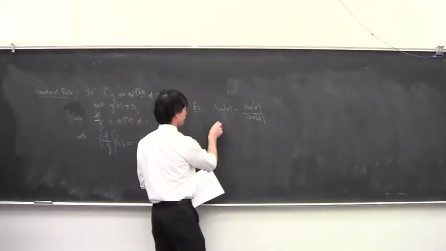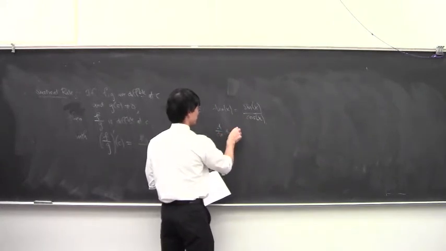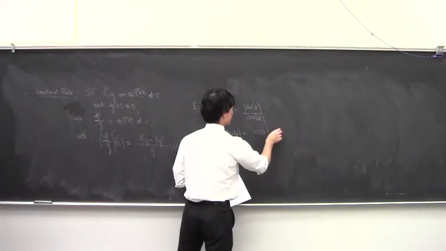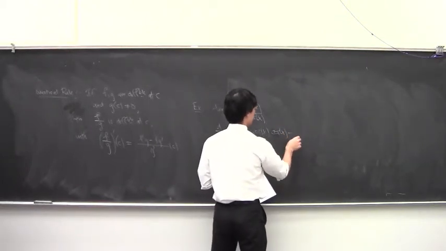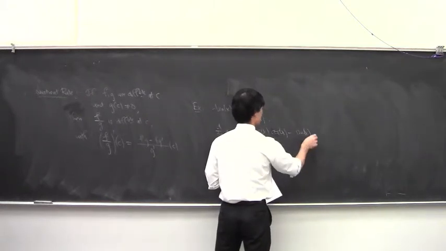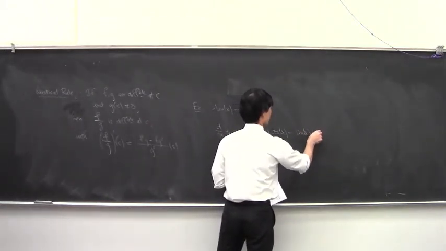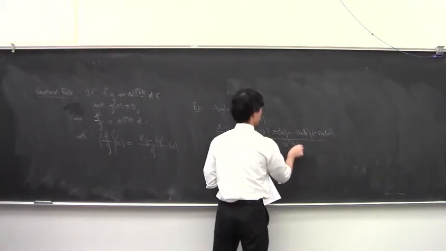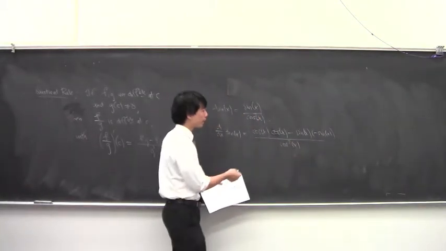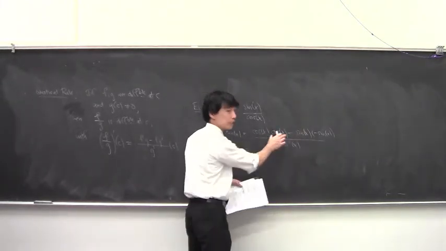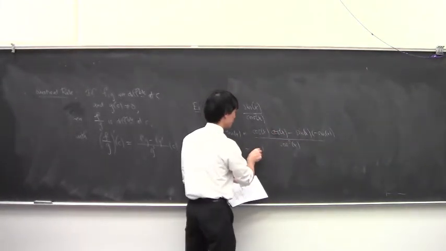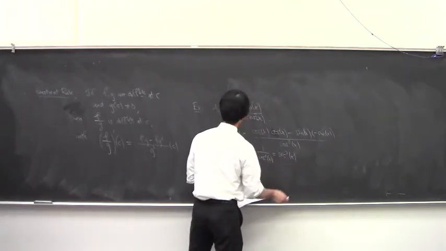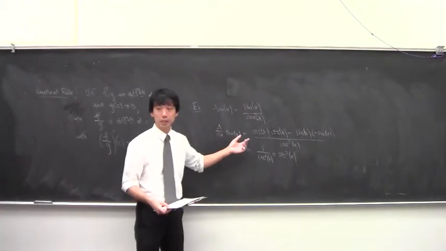Okay, so what do you get? Well, you get the bottom times the derivative of the top minus the top times the derivative of the bottom over the bottom squared. And you see what happens, so you get cosine squared plus sine squared. Well, what's that? 1. And so you get 1 over cosine squared. Let's just say the secant squared. So the derivative of the tangent is secant squared.